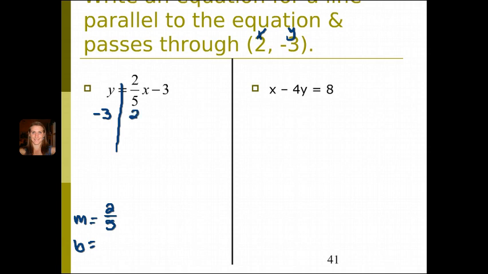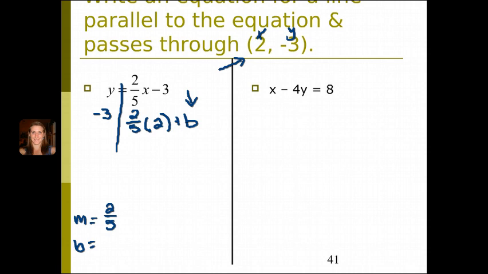And then I have 2/5 times 2 plus b. All I've done here is I am trying to solve for the y-intercept of the line that passes through the point 2, negative 3. Okay? So I plugged in my x, I plugged in my y, and now we're just solving.